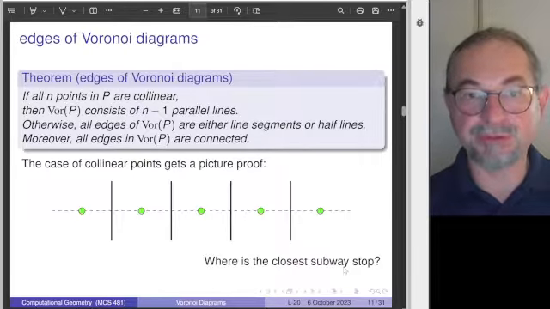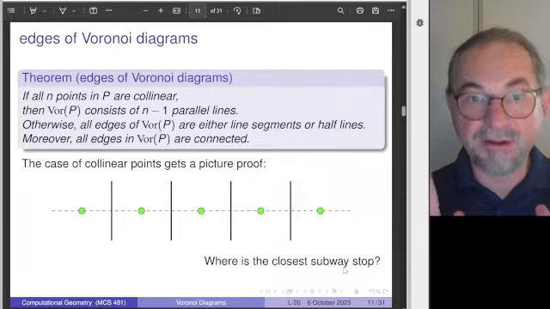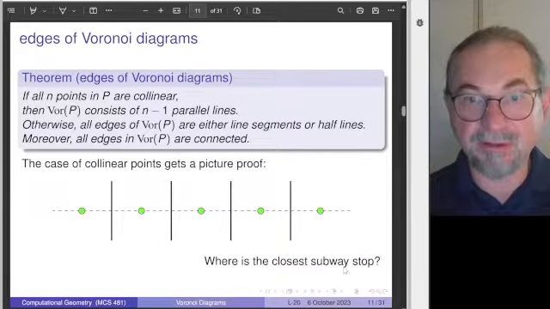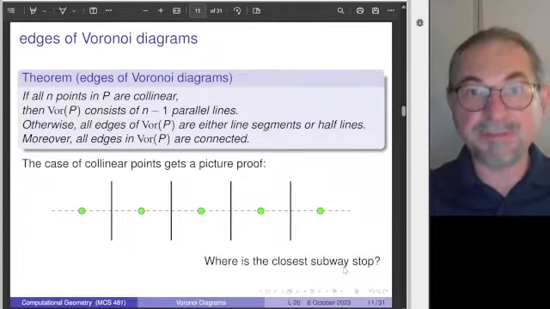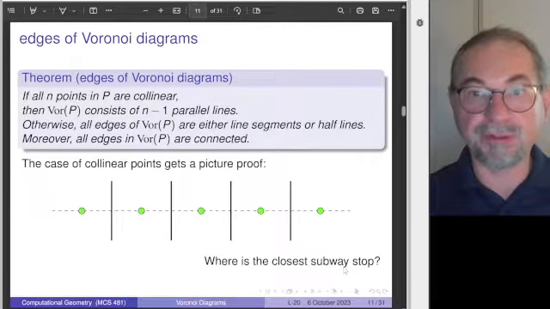So this is important here. We only have parallel lines, entire lines, when we have collinear points.